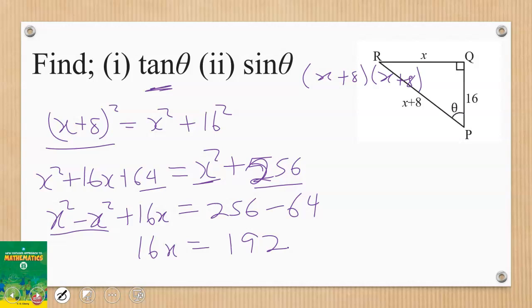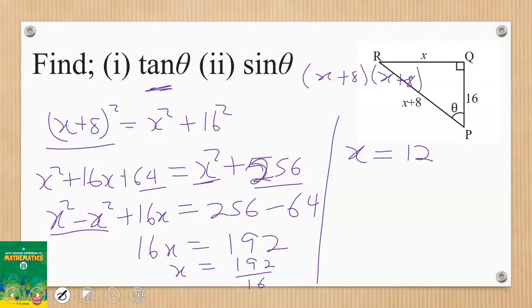Now we have to divide both sides by 16 to make our x the subject. So we have 192 divided by 16. And when you do that division very well, you end up writing x to be equal to 12. So our x is 12.